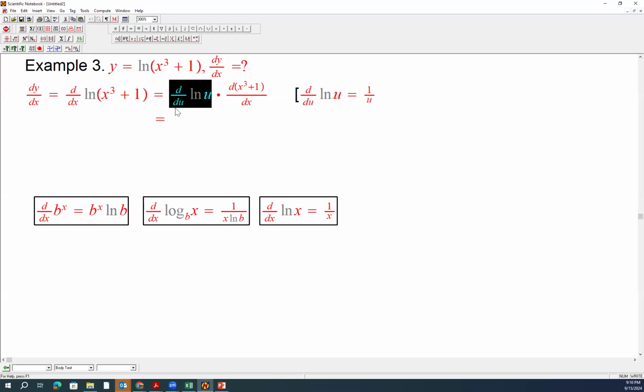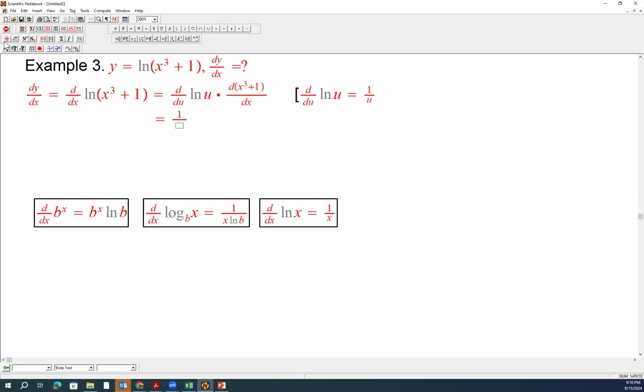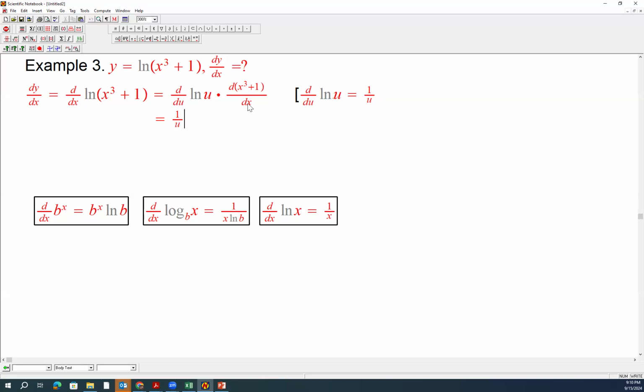The derivative of ln u with respect to u is going to be 1 over u. And the derivative of x raised to the power 3 plus 1, that's going to be 3 times x squared.